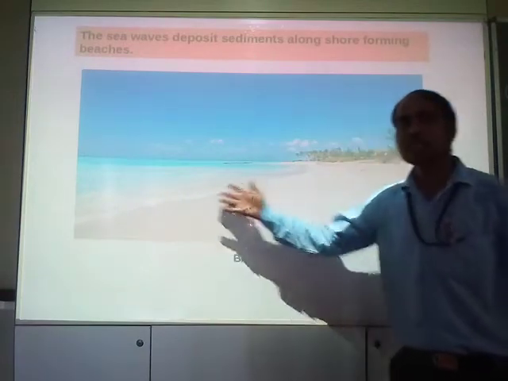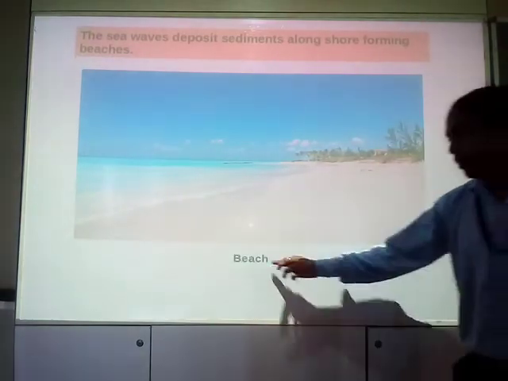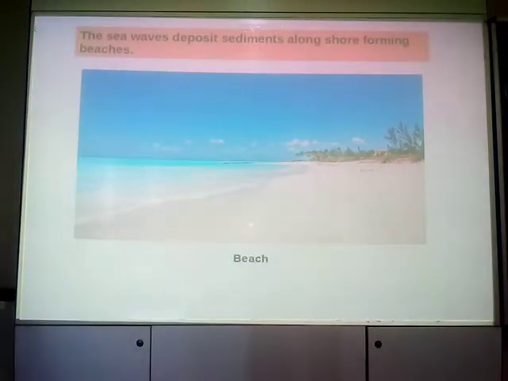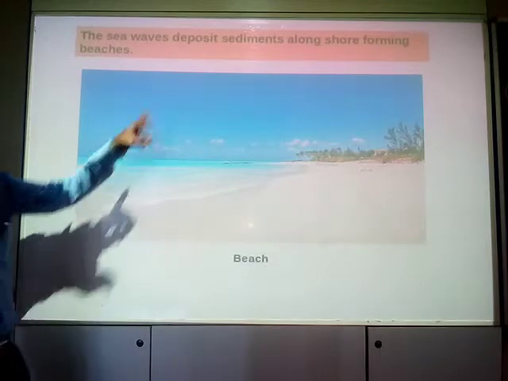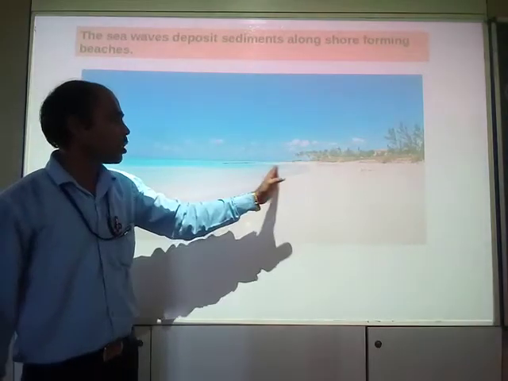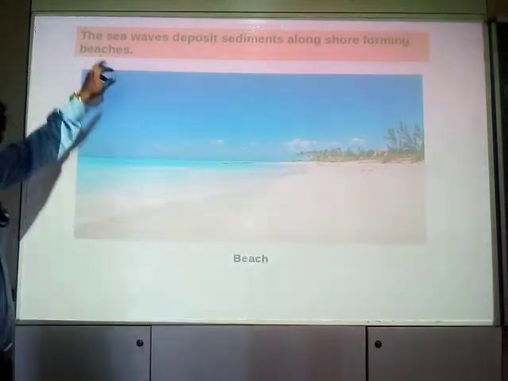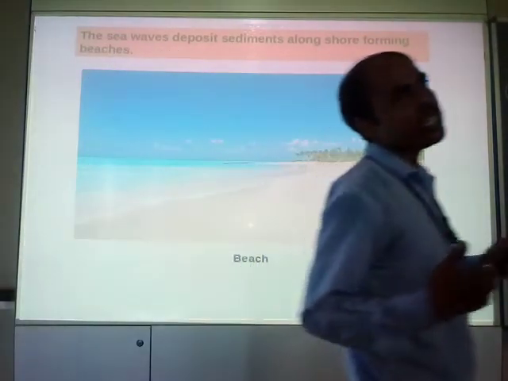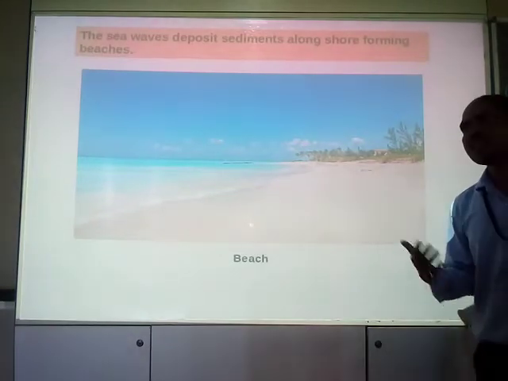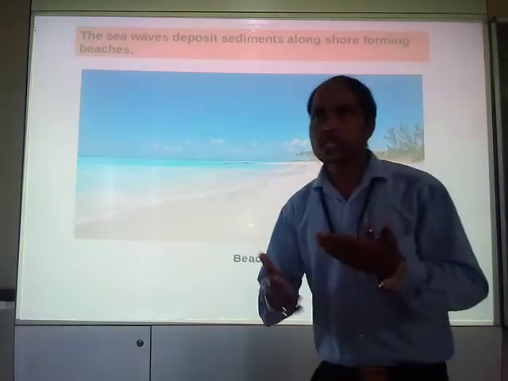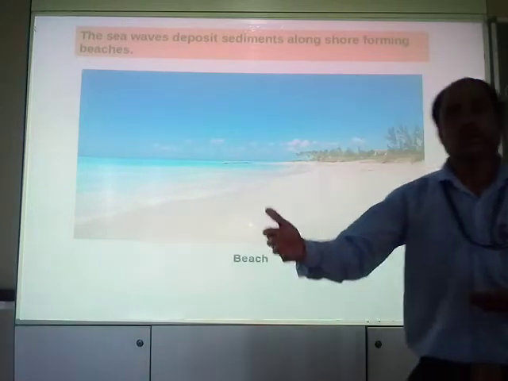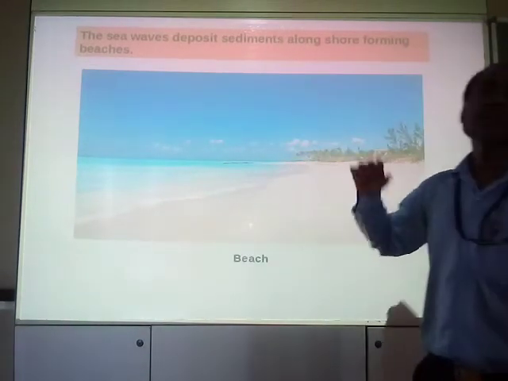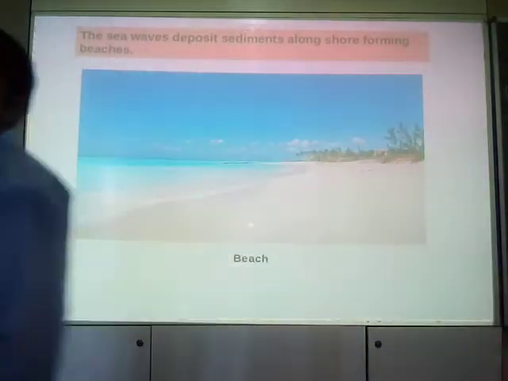So by such phenomenon, beautiful beaches are formed. So the sea waves deposit sediments along the shore, forming beaches, right? So these are the works of sea waves. How do sea waves work? They help in the formation of sea caves, then sea arches, then stacks, and finally beaches.